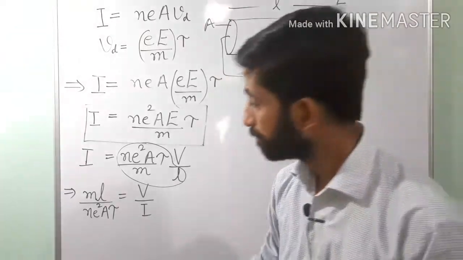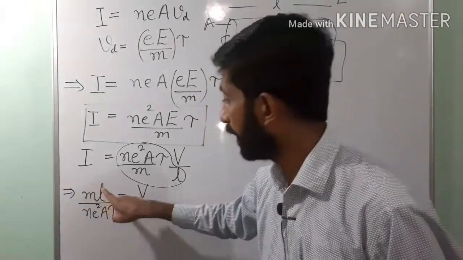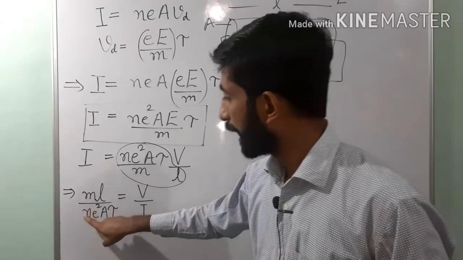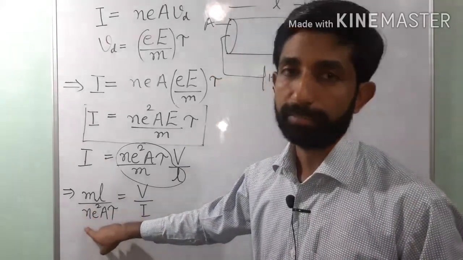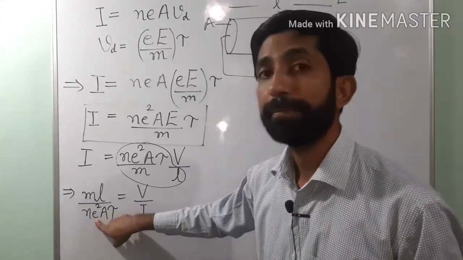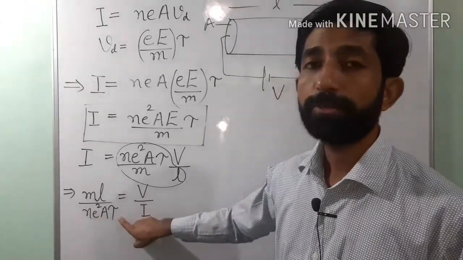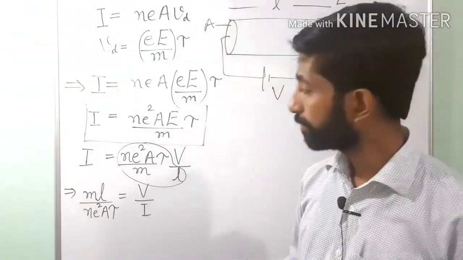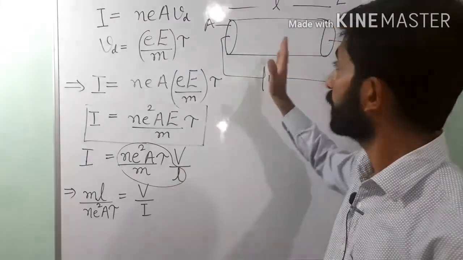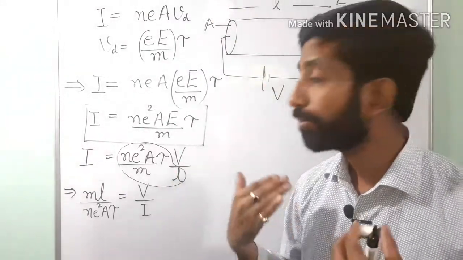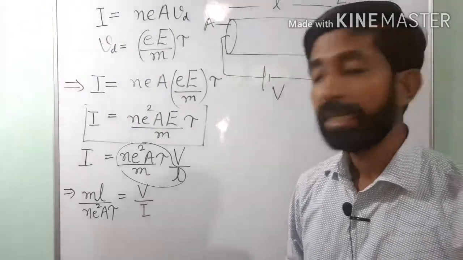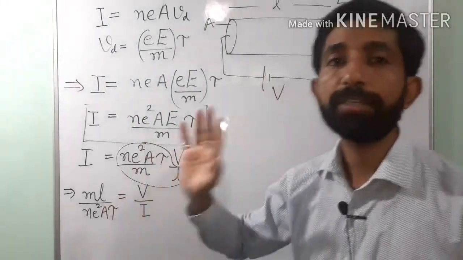Okay. So again, mass of the electron, length of the conductor, and this is number density of electrons, charge on every electron, area of cross section, and tau depends on what? Temperature. So if temperature of the conductor remains constant, then what happens? The tau will remain constant.